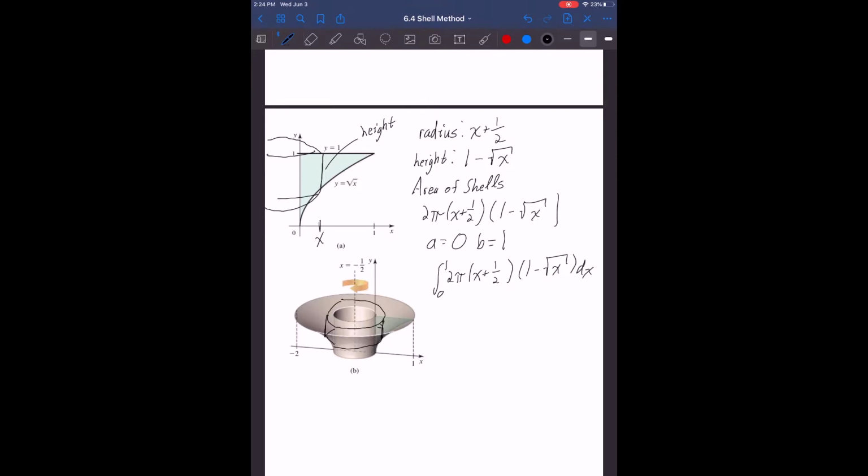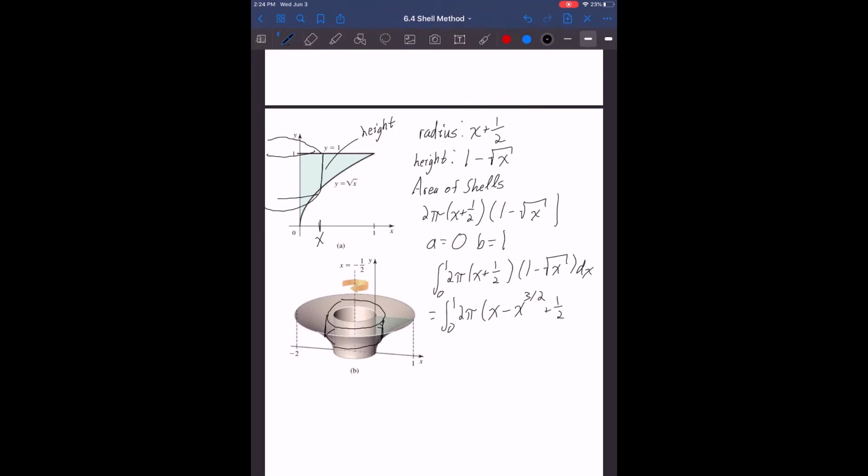And so to solve this integral, we can take the parentheses, FOIL them out. So this is the integral from 0 to 1. Still have this 2 pi here. The first term is going to be x. Outside term is negative x to the 3/2, right? I have an x to the 1/2 times x to the 1, leaves me with 3/2.